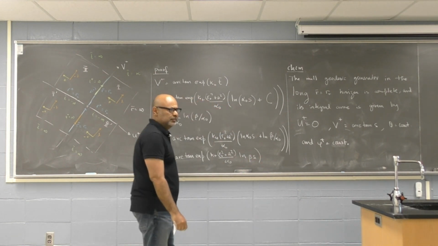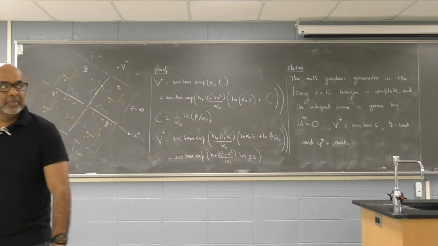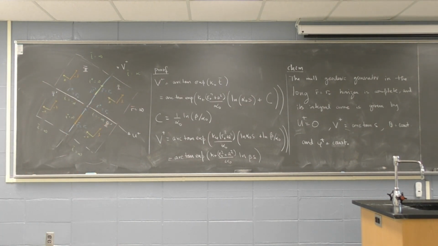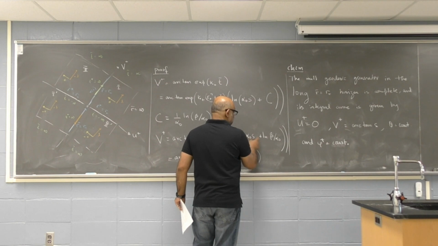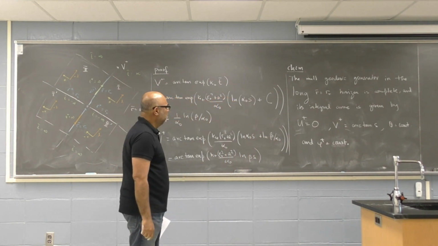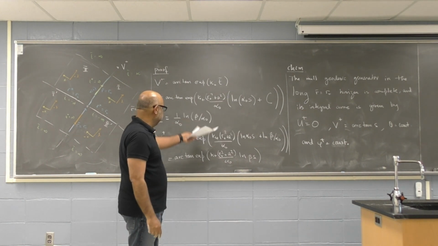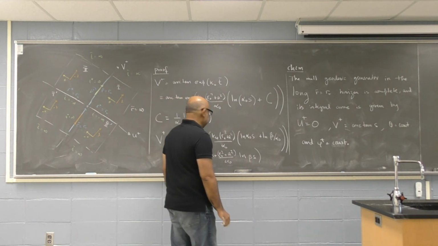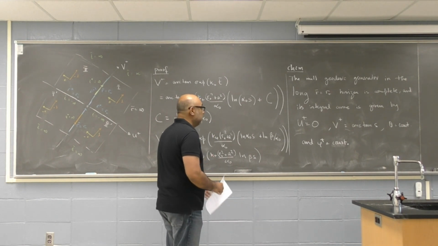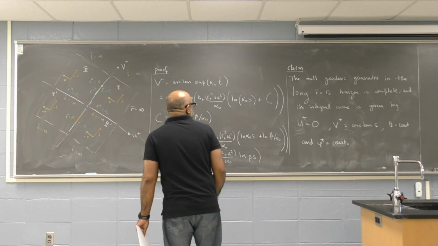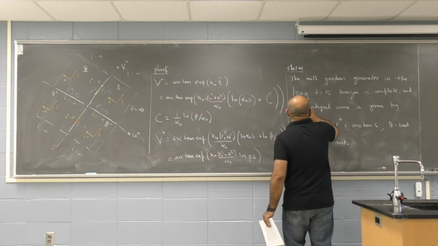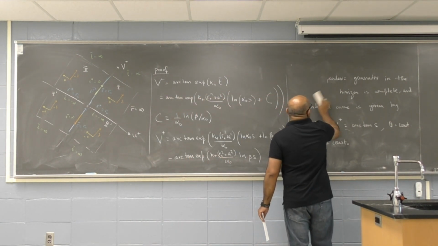Are we good? Because when I multiply the two, alphas cancel, and you get beta, natural log of S. Just making this look a little nicer. There's nothing else going on here. But I don't need this part anymore.